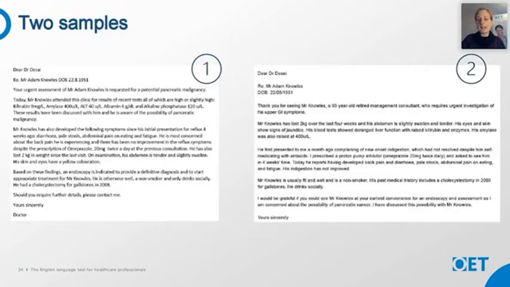Lenin is saying the second letter is concise and explained. Santiago, number 2, is shorter and straightforward. So we definitely got 2 camps here. Some of you saying the first option is better, the other saying the second.